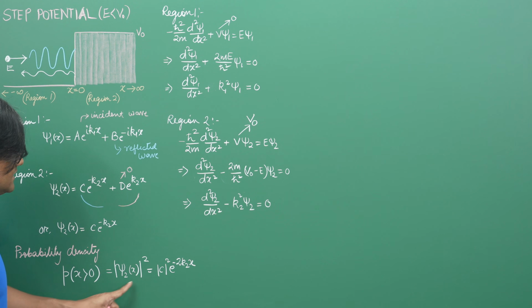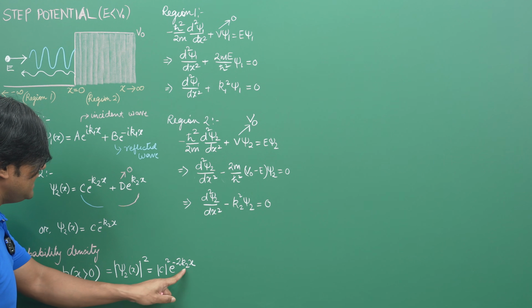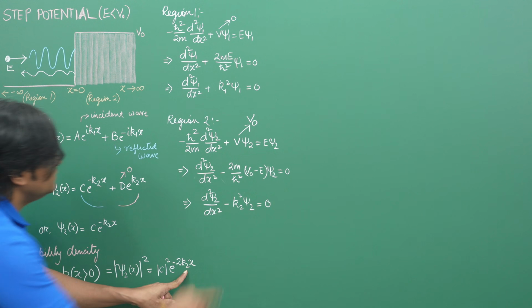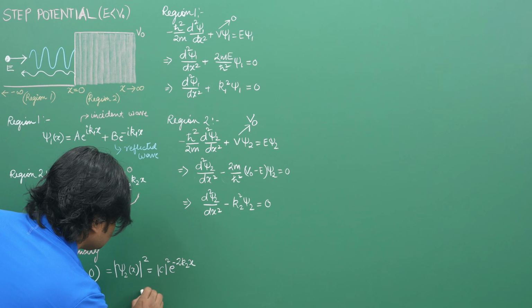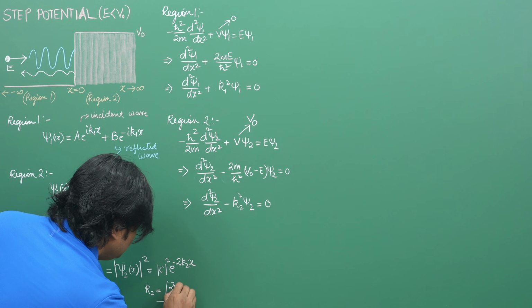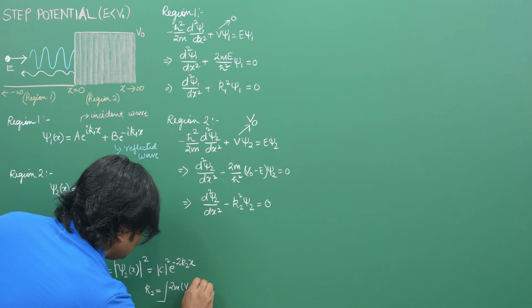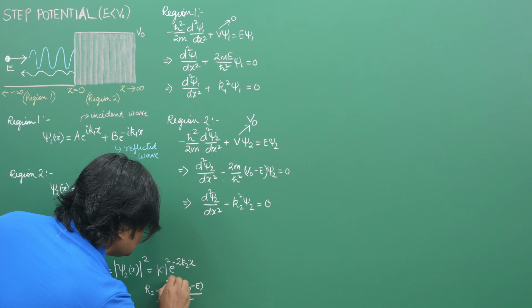The probability density in region number 2 is c mod square e to the power minus 2k2x, where k2 is equal to root over 2m (V0 minus E) upon h cross square.